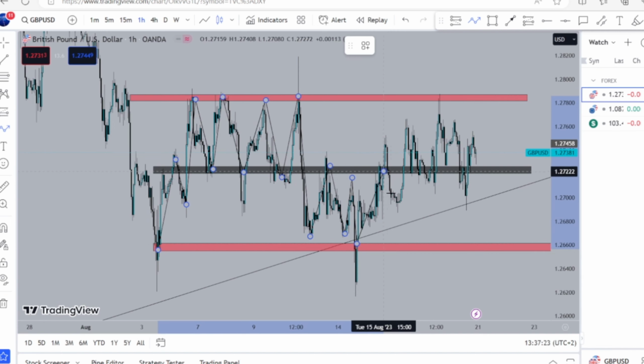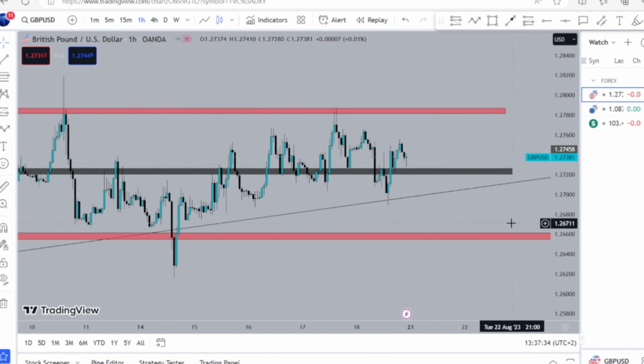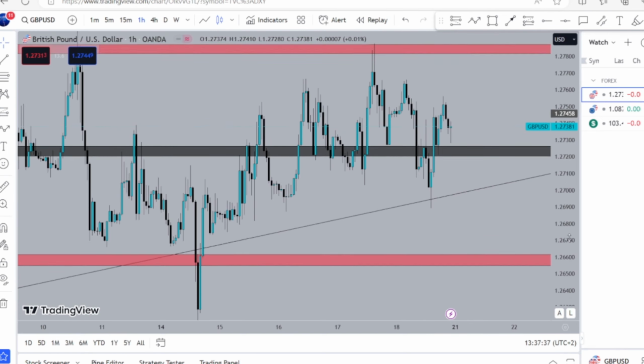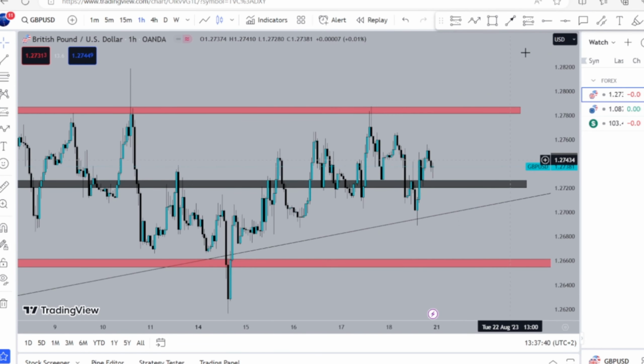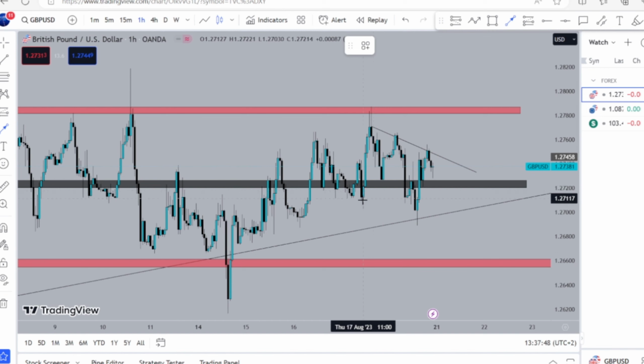It came back, resistance, broke through, support, and further on. As you can see, this is my zone of equilibrium. So on this zone, I'm seeing a flag pattern, which is a continuation pattern right here.